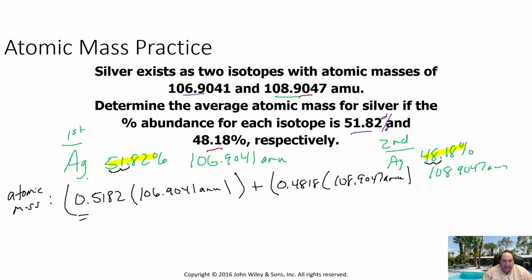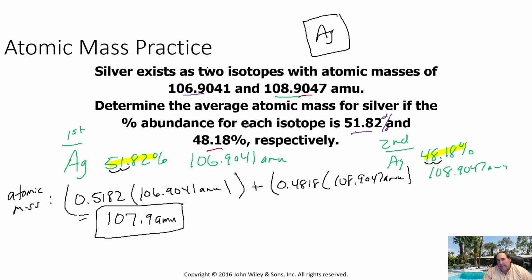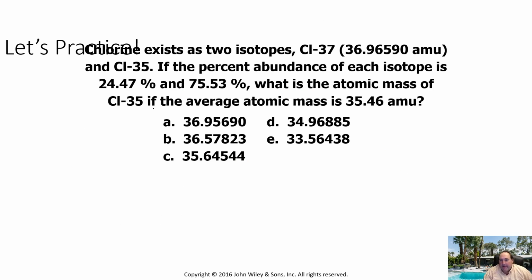That's going to give us, taking about 4 significant figures, 107.9 AMU. Once again, if you take a peek on your periodic table for silver, that's pretty much what you're going to see there on the bottom. So that's pretty good. All right, one last one here.